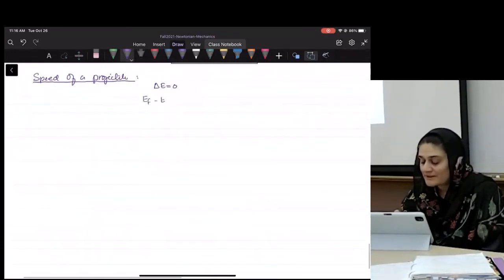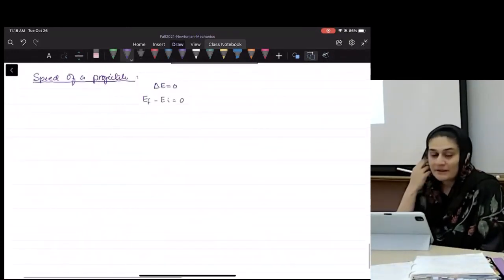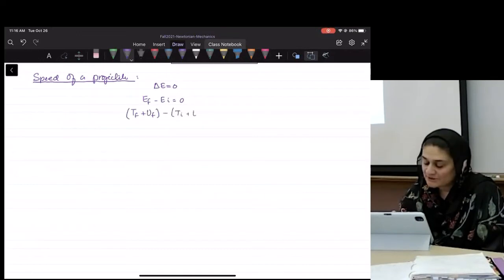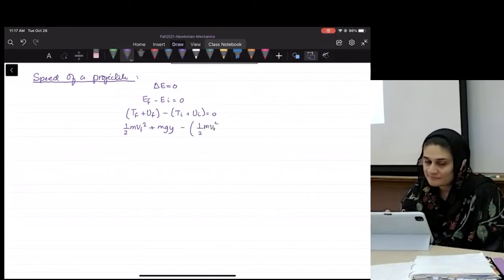E final minus E initial equals 0, which means it is T final plus U final minus T initial plus U initial. One half m vf squared plus m g y, whatever y may be, minus what was the initial T, one half m v0 squared. What was the initial potential? Nothing.